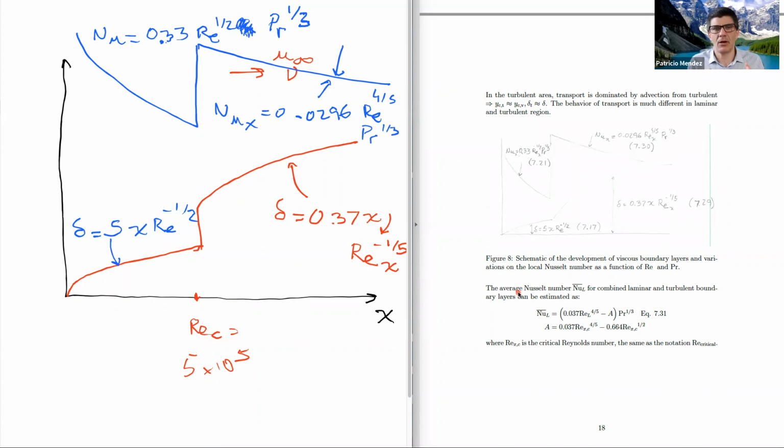If instead of a local Nusselt number you want an average number, which is more common, now you have to average over some part that is laminar and some part that is turbulent. This is a formula in which you have these averages. Plug and chug. I'm not going to spend a lot of time here, other than you see this 4/5, which makes sense with the 4/5 for the local.